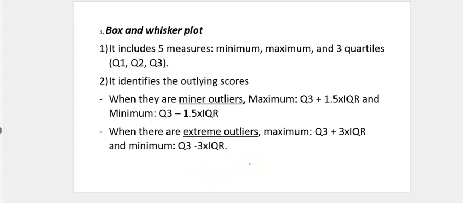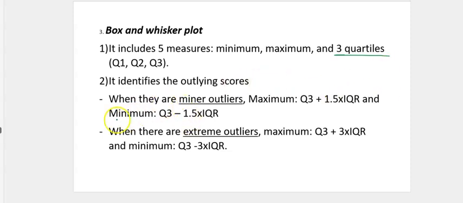Now, what is the box plot and whisker plot? It shows the three quartiles, Q1, Q2, and Q3, and also the limit for considering a value extreme or not. So that is also related to the outliers.